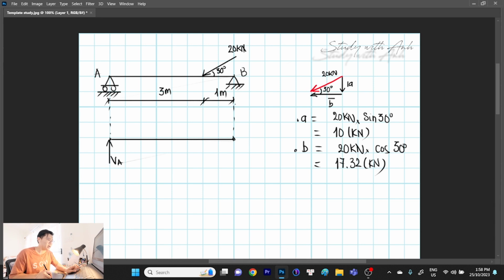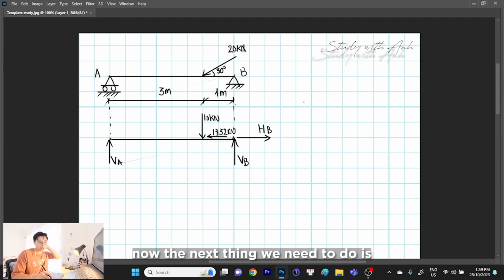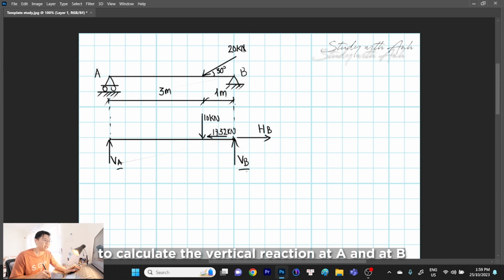At B we also have the vertical reaction VB and a horizontal reaction as well, and this one with the value we calculated, 10 kilonewton, and this one is 17.32 kilonewton.